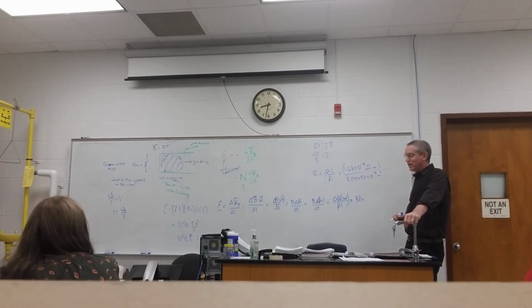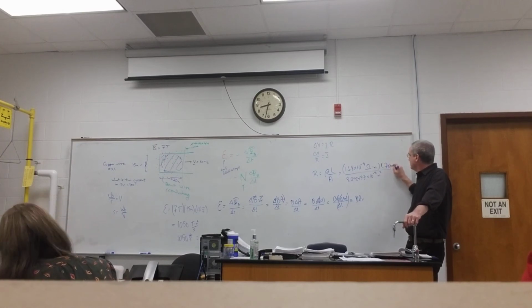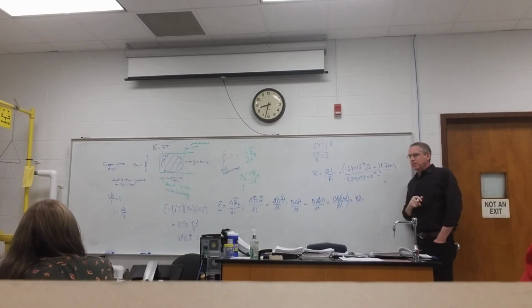Current's flowing in more than just that one wire. Well, you're gonna have 30 meters from the 15 and the 15. And what do we end up with the resistance being?